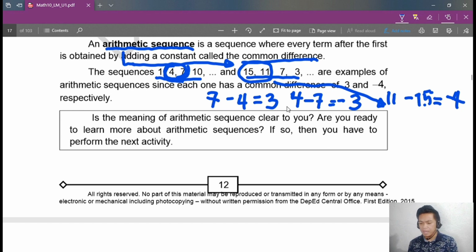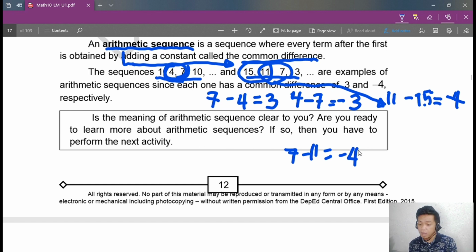So, any two consecutive numbers na nandyan, it will give you a difference of negative 4. Halimbawa ito, 11 and 7. So, that is 7 minus 11. 7 minus 11 is negative 4.